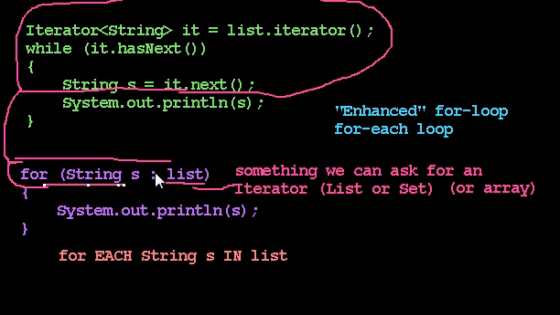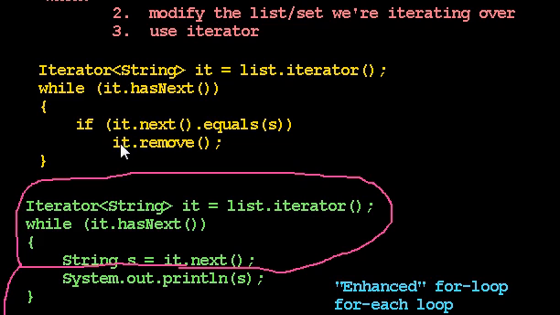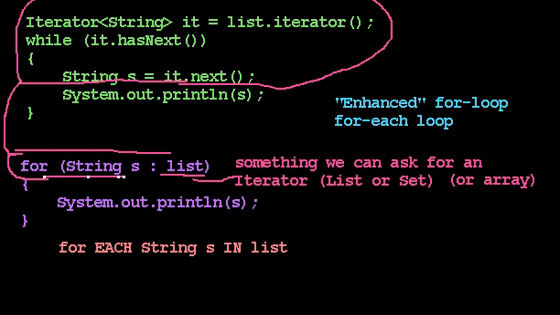Now, this won't work if I want to remove from the middle of a list. Then I need to explicitly use the iterator, so I can call the iterator's remove method. But it's nice to know that I can use this for each notation, which I recommend getting comfortable with whenever I want to loop over a list or a set in a way that I might have accomplished with an iterator.